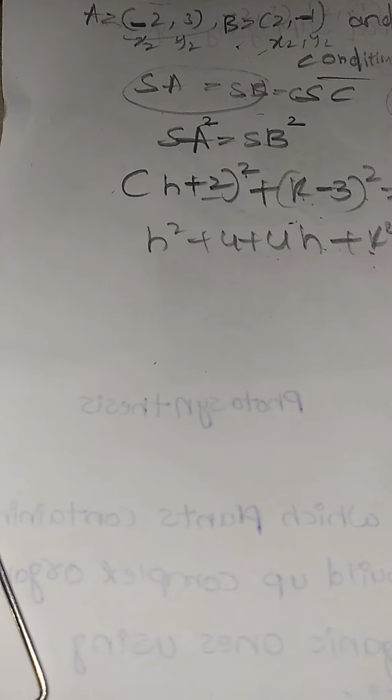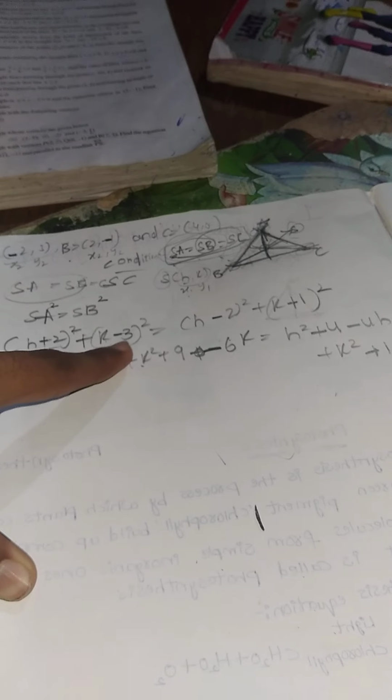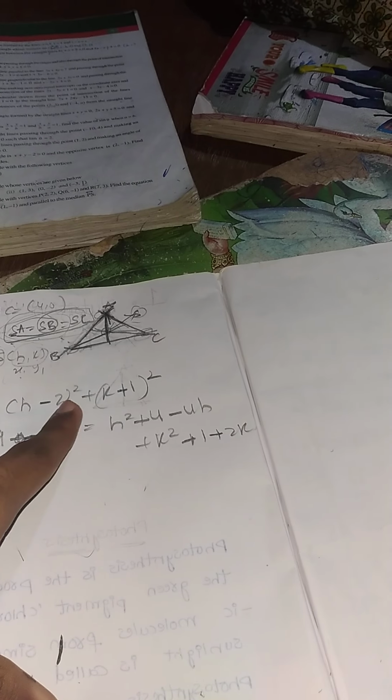So using that formula, I am writing k square plus 9 minus 6k, that is equal to h square plus 4 minus 4h plus k square plus 1 plus 2k. Have I missed anything here? h square plus 4 plus 4h plus k square plus 9 minus 6k is equal to h square plus 4 minus 4h plus k square plus 1 plus 2k.